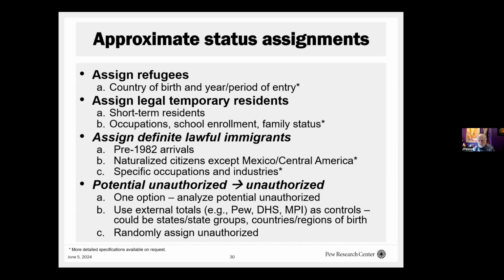One option for analysis is just to analyze the people that we think are potentially unauthorized. Another option would be to simulate the kinds of random assignments that we do at Pew and that other people do in developing their data sets. Rather than making your own estimates for the total number of unauthorized immigrants, one could go to the published data. We publish data.